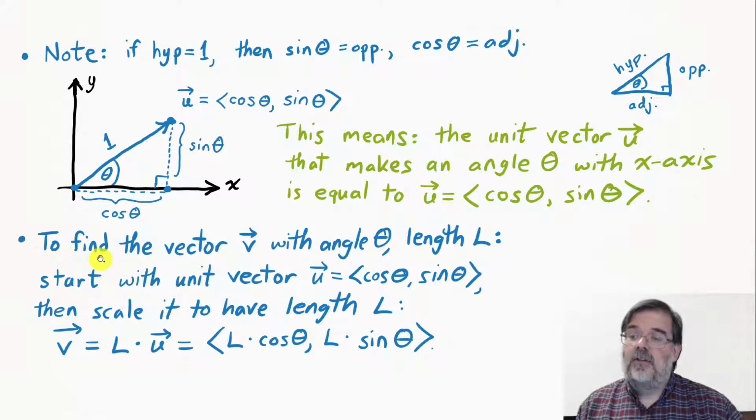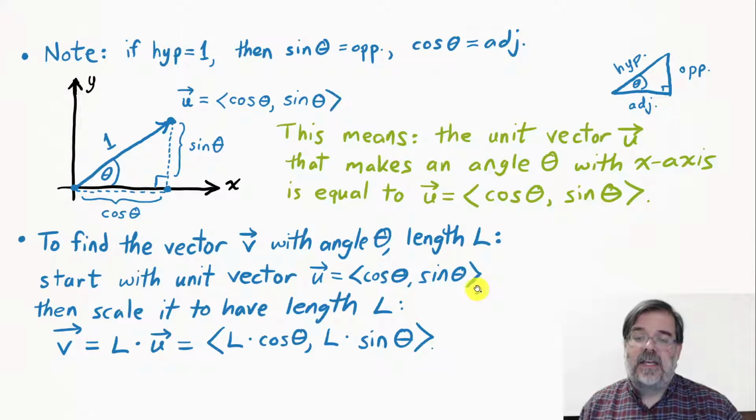In other words, to find a vector v, not a unit vector this time, but a vector v that makes an angle theta with the x-axis and has length L, it's really a two-step process. First, you would start by figuring out the unit vector, the length 1 vector. And the unit vector that makes an angle theta is given by cosine theta, comma, sine theta.